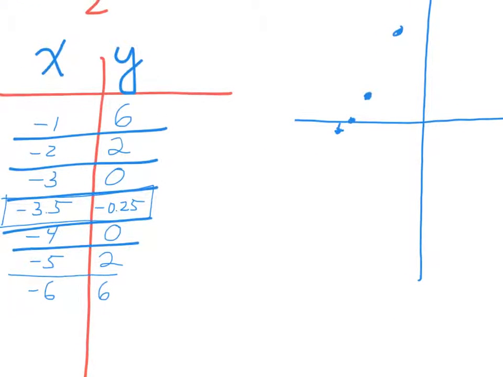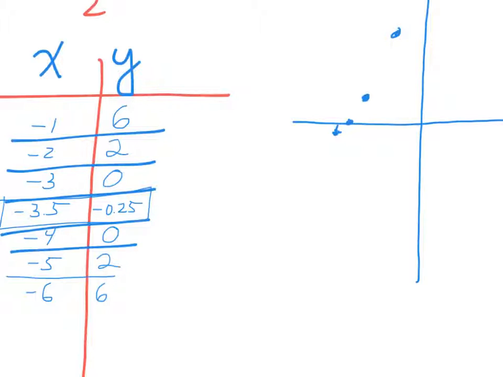Then I can do negative 4, 0 like right there. Negative 5, 2 is right here. Negative 6, 6, something like that, right? And then I can draw a graph of this. And then I've got my graph.